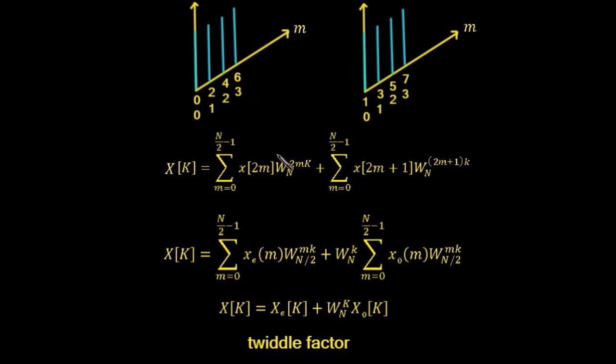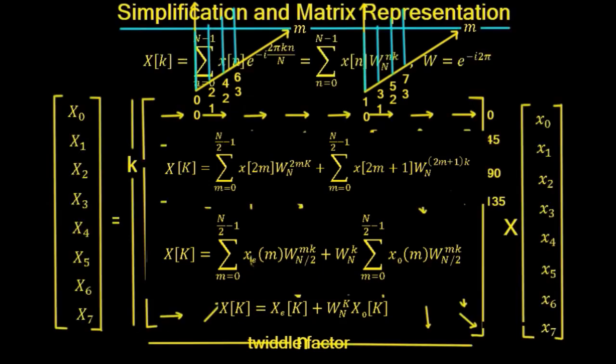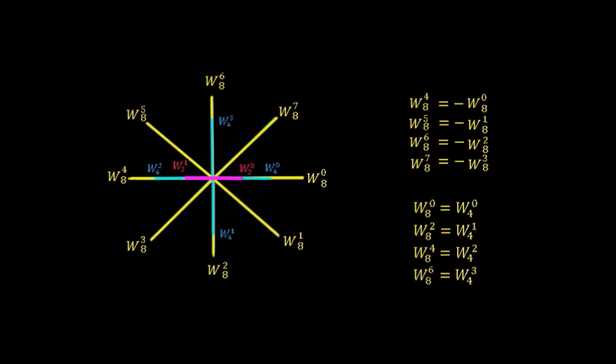But we noted as well in a previous slide that we could write the w subscript n with a 2. That's the same as w subscript 1 with n upon 2. Now I'll show you that just in a second as a reminder. So this is what we have here. So we have our w, and let's say for example our n is 8, so w8 to the 2 is the same as our w4 to the 1.